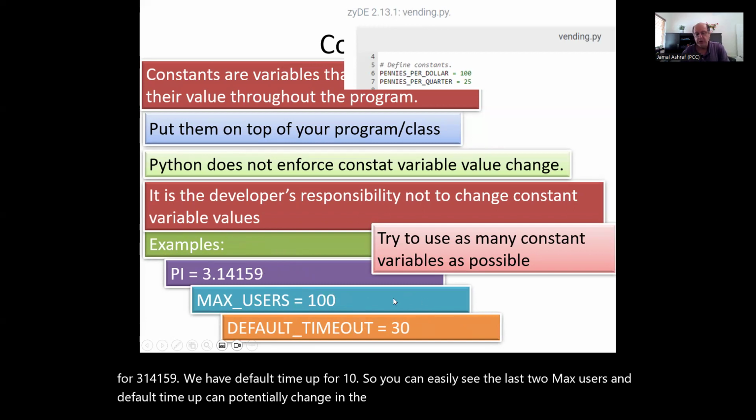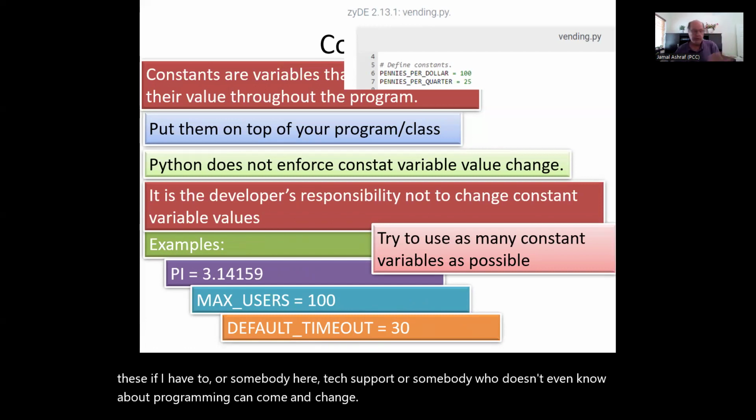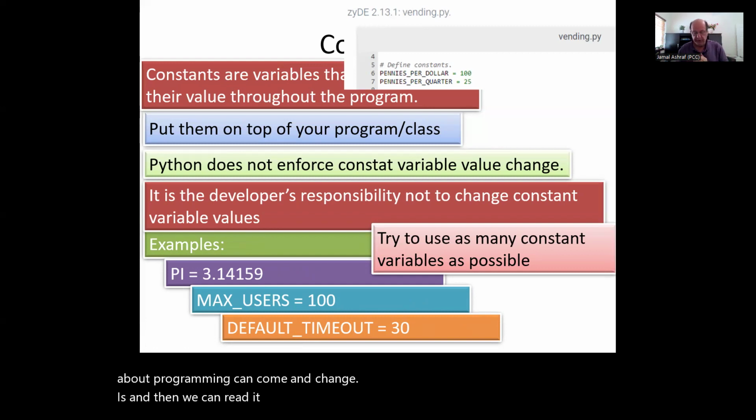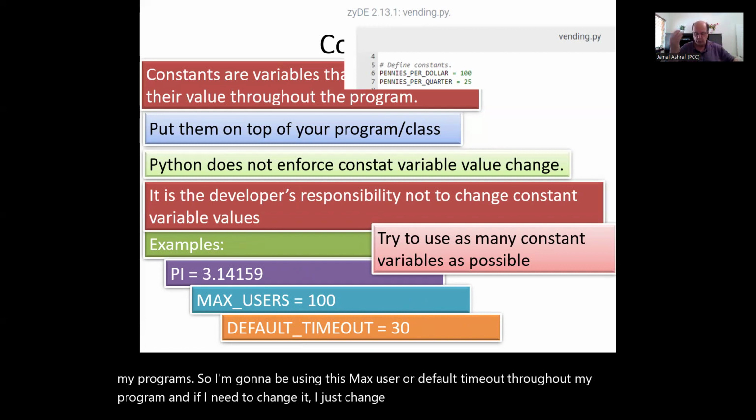But then I only come in and change these if I have to, or tech support, or somebody who doesn't even know about programming can come and change these. And then we can read it from somewhere if we need to, but it doesn't change anything in my programs. So I'm going to be using this max users or default timeout throughout my program. And if I need to change it, I just change it in one place. I don't have to go through the programs to change it.